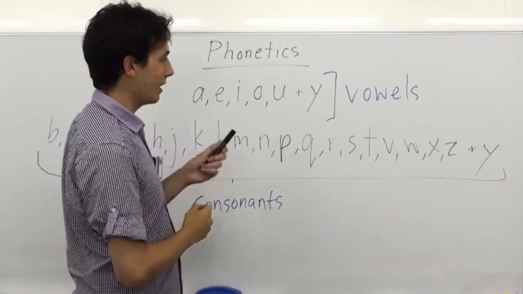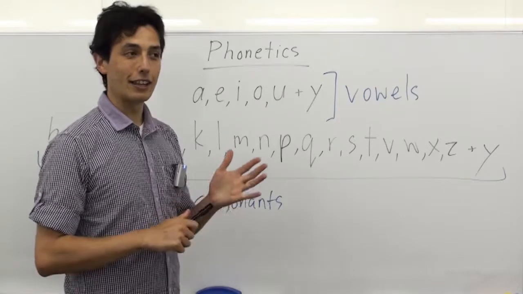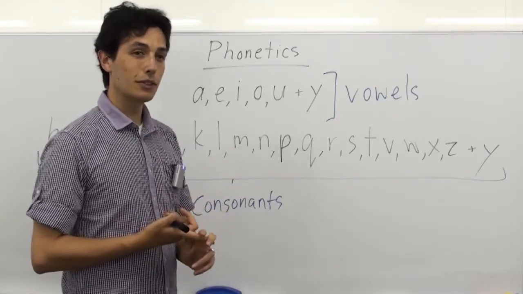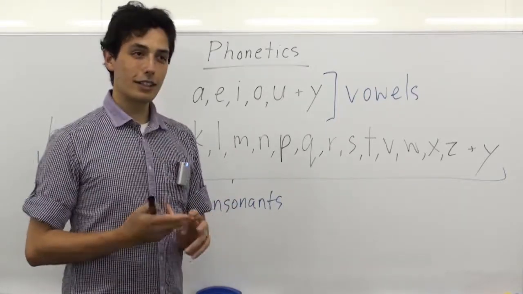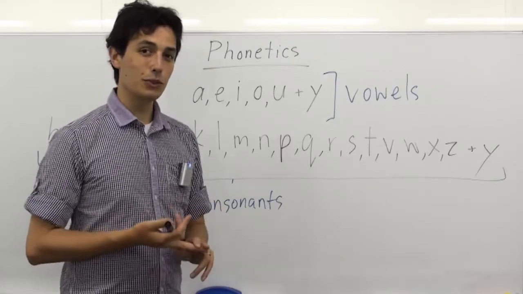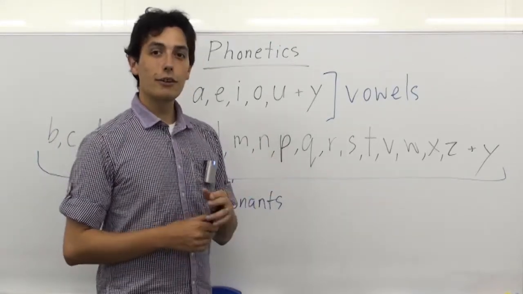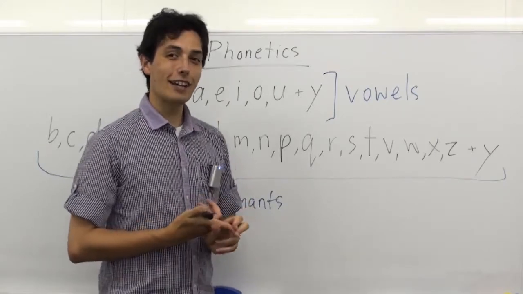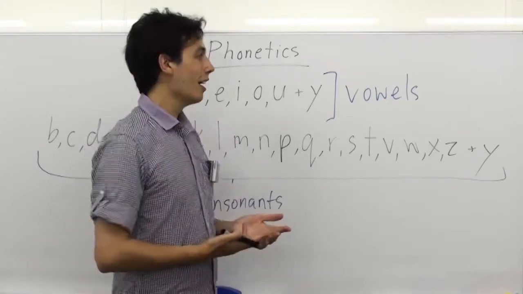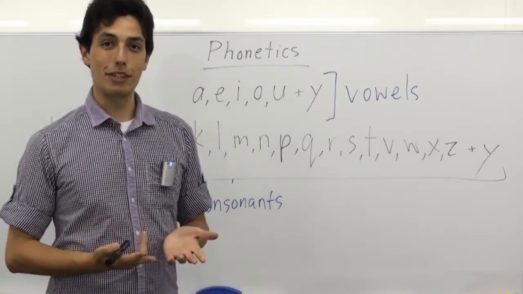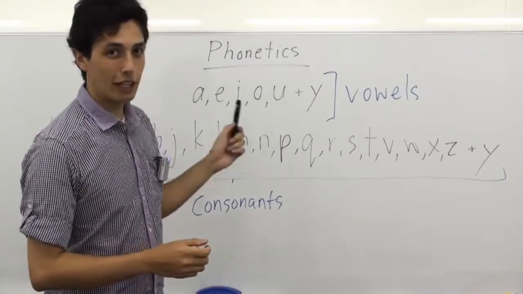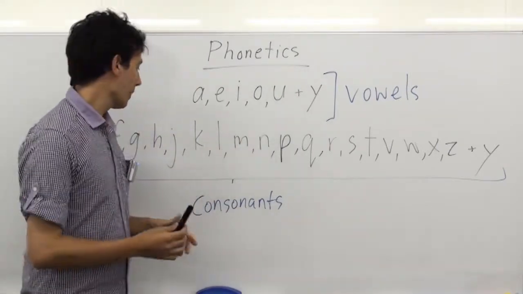For U, we have the A in umbrella and the U in flute. Also, there's another one which is U in like uniform and stuff like that. For Y, we have the I in sky or fly, and the E in like happy. So those are the sounds of the vowels.